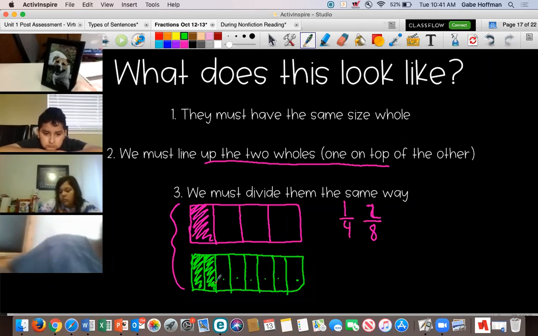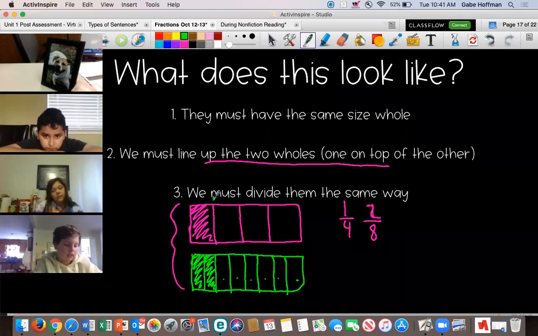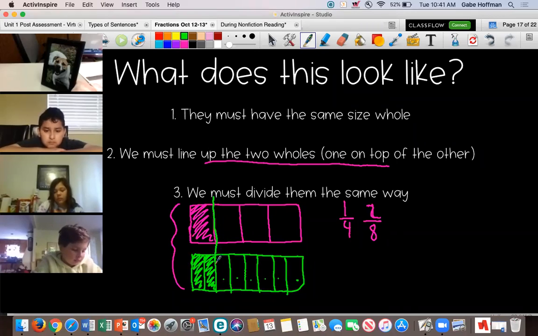Now I can compare these because they are lined up so we can see them. So Clay, are these equivalent? Yes, they are. And we can see that because they're part of the same size whole. We put them one on top of the other and we divided them the same way.